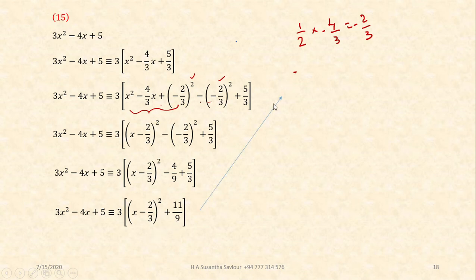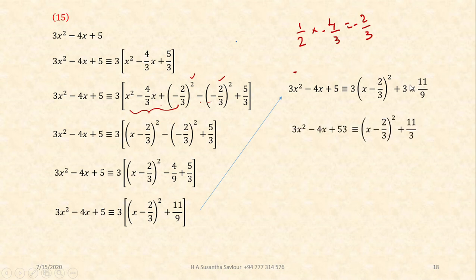You multiply this 3 inside the bracket. Now I take it to this side because I don't have space here, and then you get this one. You multiply both these terms by this 3 lying outside, 3 into this and 3 into this, then this could be simplified a little more. So this is the final complete square form of this particular quadratic equation.